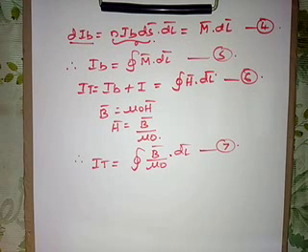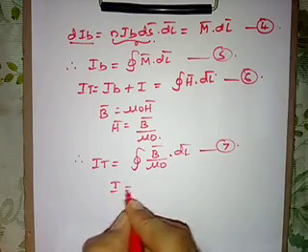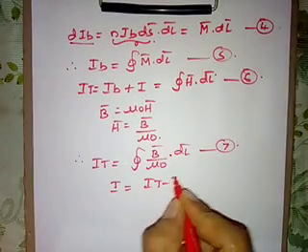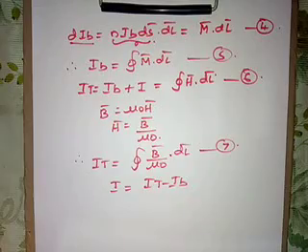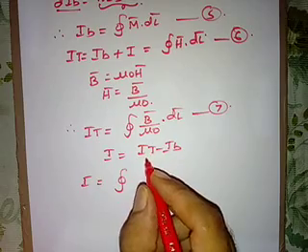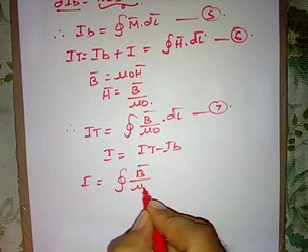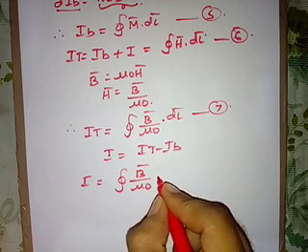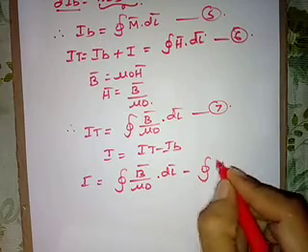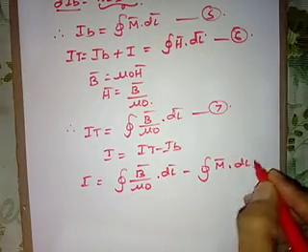Now from equations 5, 6 and 7, what do we get? IT is equal to IB plus I, or I is equal to IT minus IB. So I is equal to the closed integral of IT, which is B bar divided by mu naught dot dl bar, minus the closed integral of IB, which is equation 5, m bar dot dl bar.